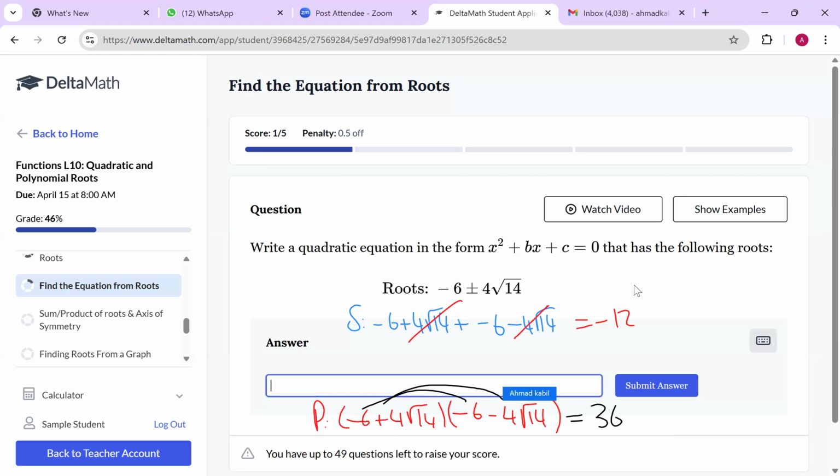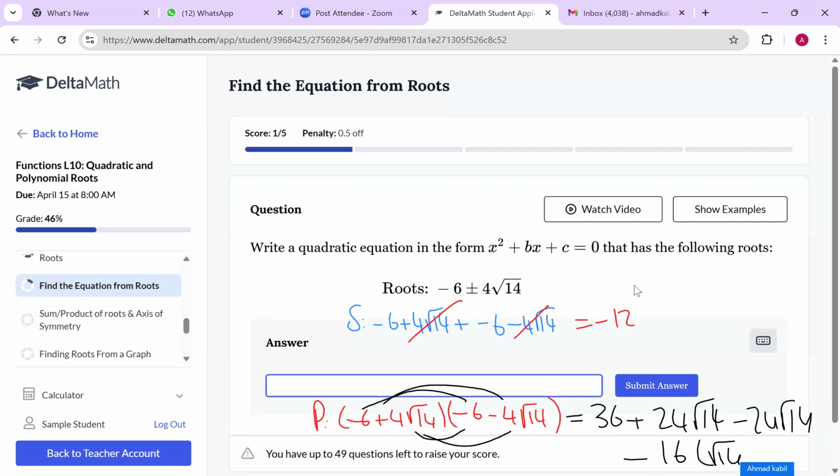Negative 6 times negative 4 root 14 is plus 24 root 14. 4 root 14 times negative 6 is minus 24 root 14. And this here is negative 16 times root 14 times root 14. Of course, root 14 times root 14 is just 14. And negative 16 times 14, so just 16 times 14.